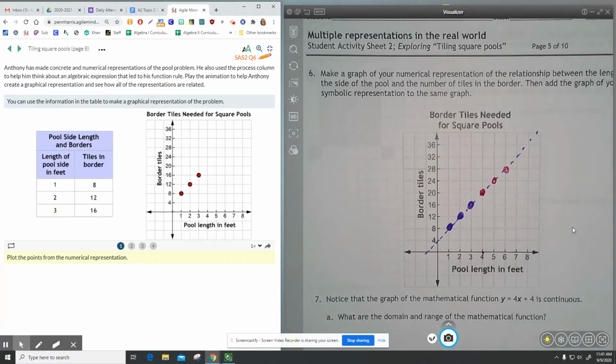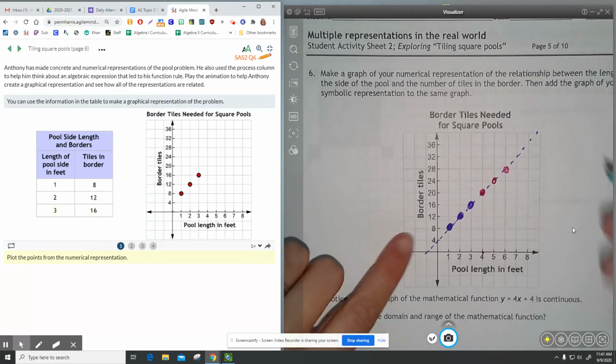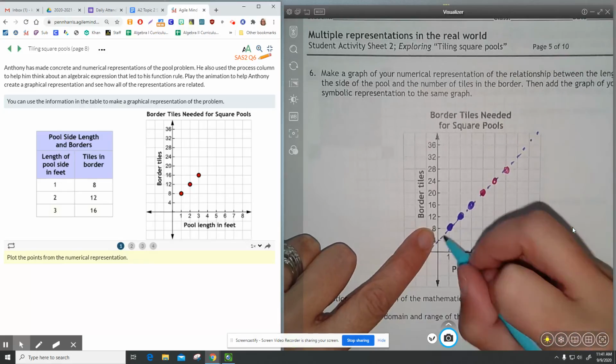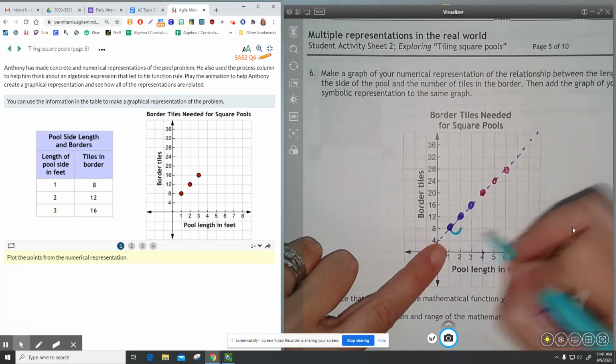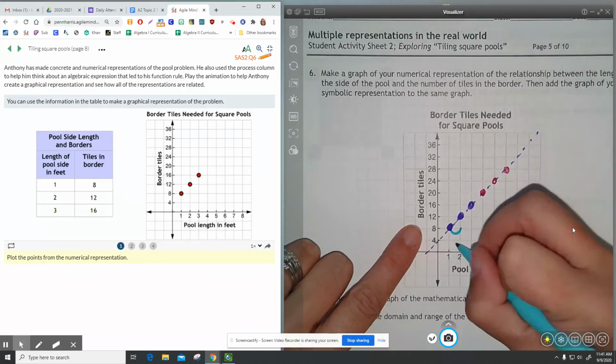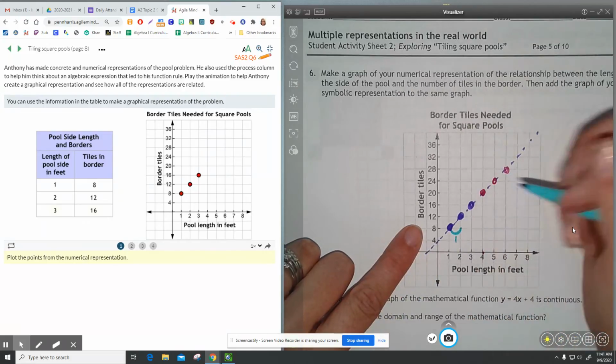Okay. Something I do want us to take note of here. Let me change my pen so we can see different colors. Okay. For every one side of the pool, for every foot added on, my change is just a 1.